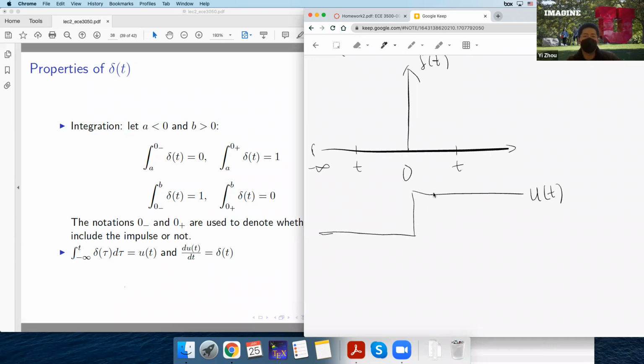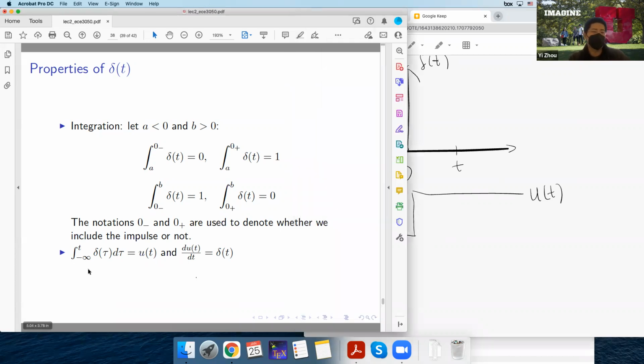So there's this instant jump, and we know that for this instant jump, the derivative should be infinity. Otherwise, you cannot have this discontinuity jump here. So that's why by taking the derivative at this point, you get an impulse. It has an infinite amplitude, but the integration is 1. Okay, so this is a very nice relation between the impulse and unit step functions.